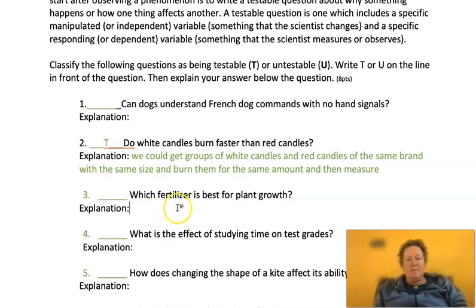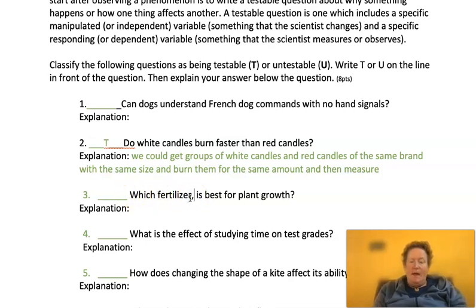Which fertilizer is best for plant growth? Well, as written, I wouldn't say it's very testable because which fertilizer isn't very specific. We could say which fertilizer, Miracle Grow or fish emulsion.